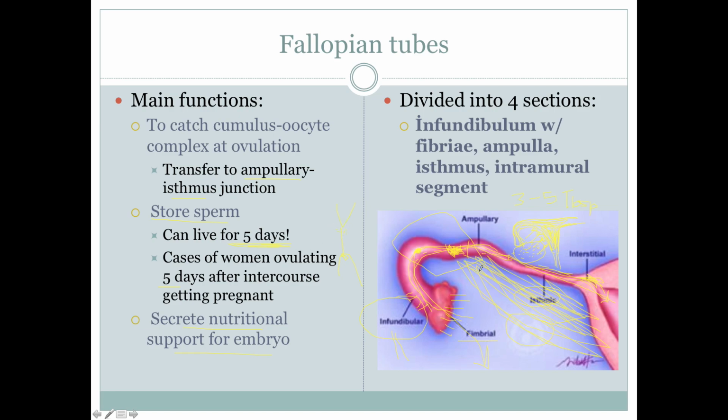It's also recommended that if somebody truly wants to become pregnant and they know that they have ovulated and they've had intercourse or not had intercourse and they're waiting for that, remember it takes a couple days for that egg to get down there. And then if it is fertilized, it still has to make it down there. It's going to be the same size.